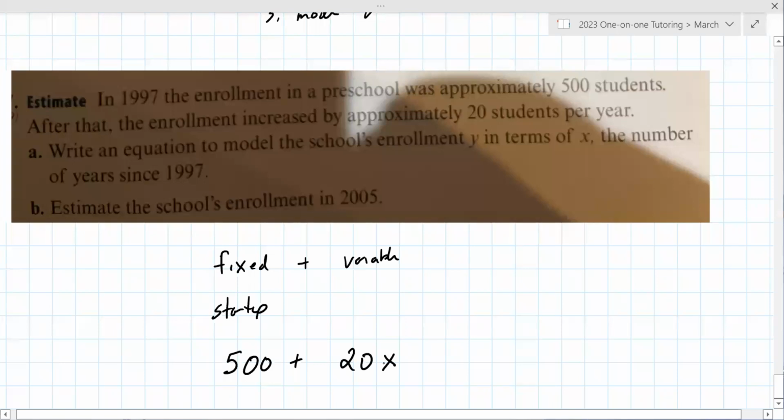So that's part A. The number of years doesn't matter because 1997 is year 0.